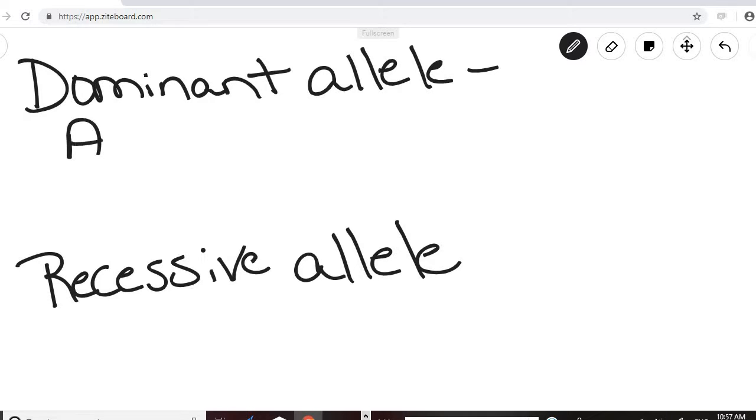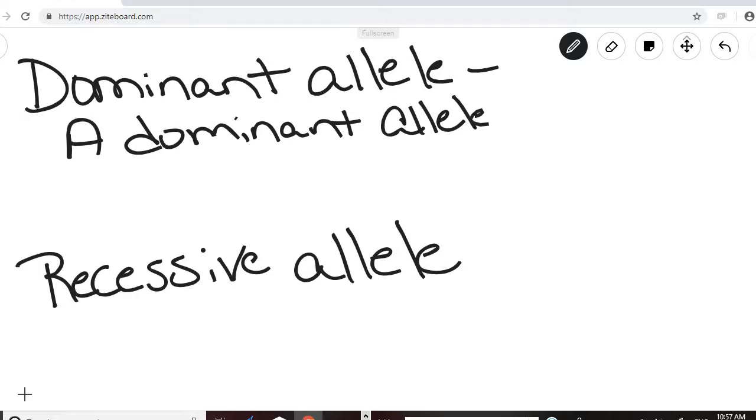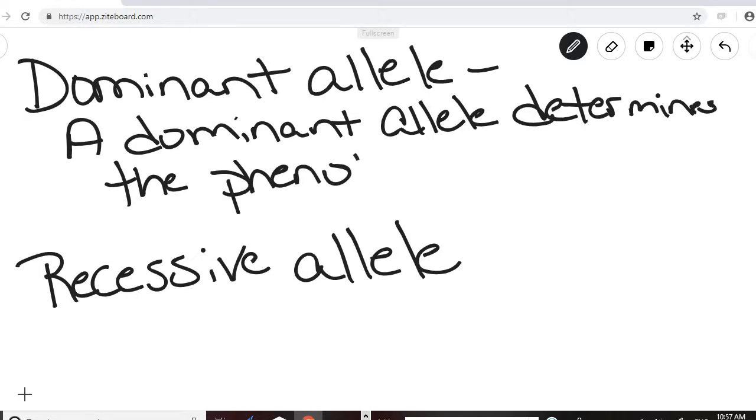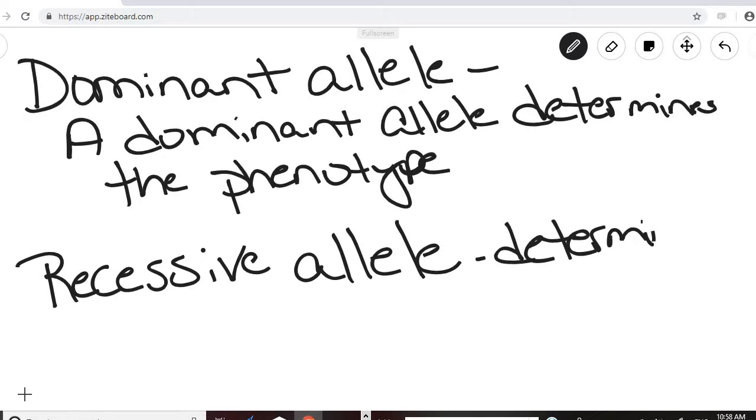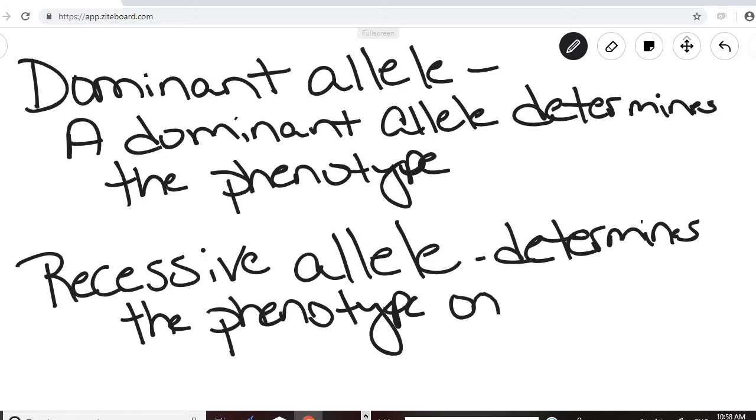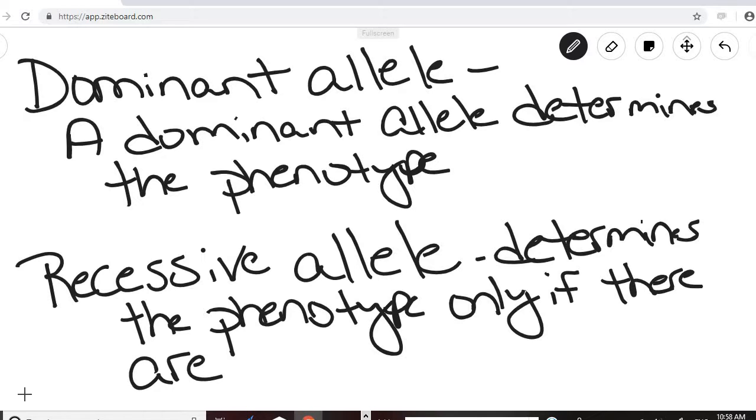And a recessive allele determines the phenotype only if there are two of that allele.